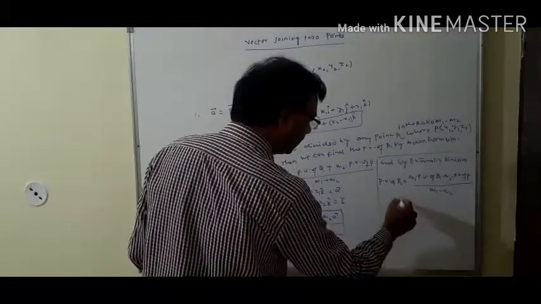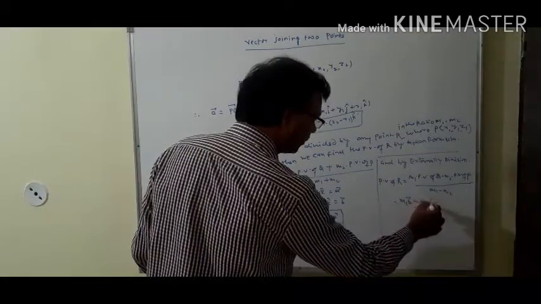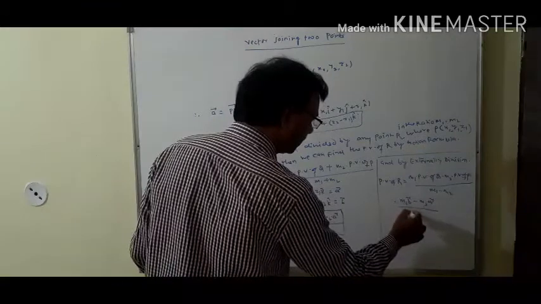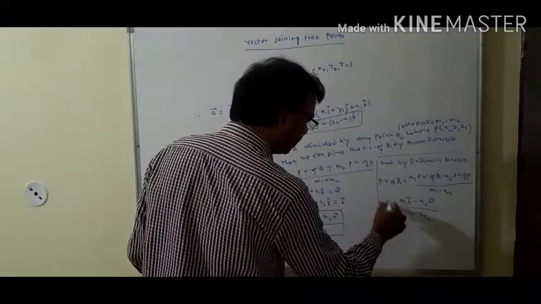That means this will be (m1 B minus m2 A) whole upon m1 minus m2. This is the position vector of R.